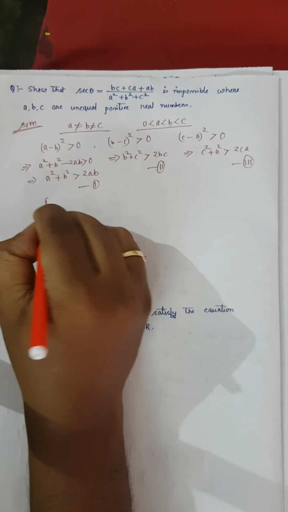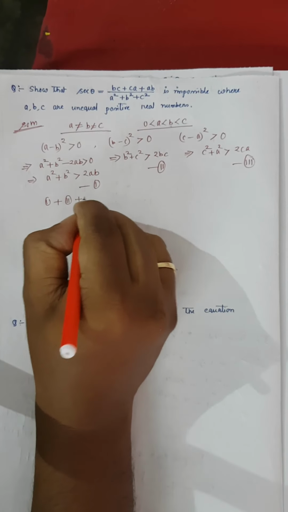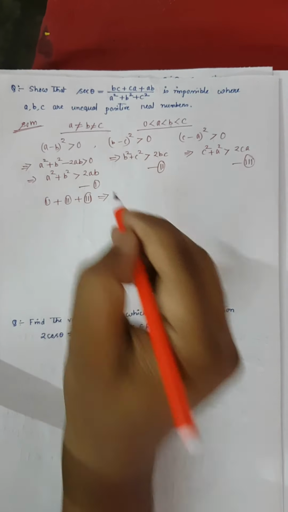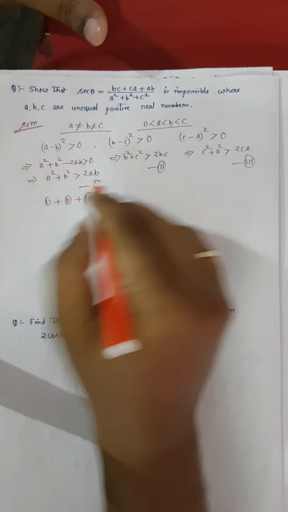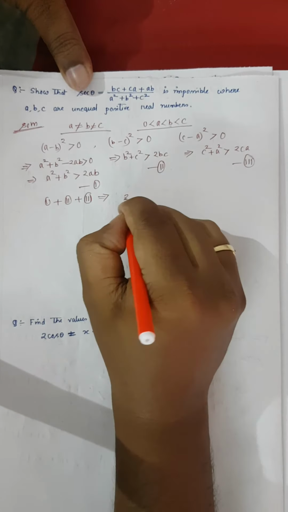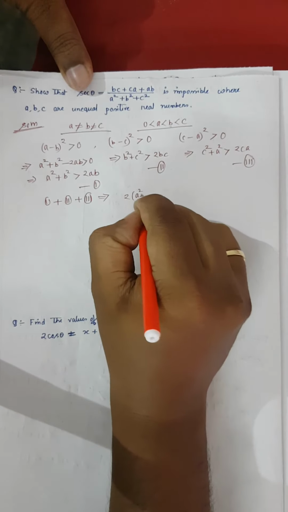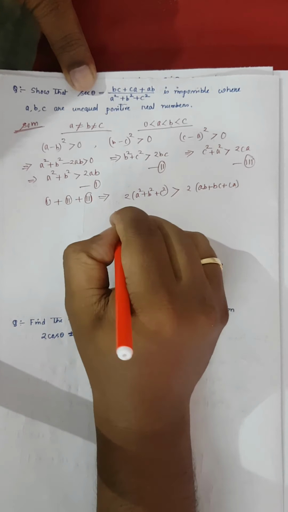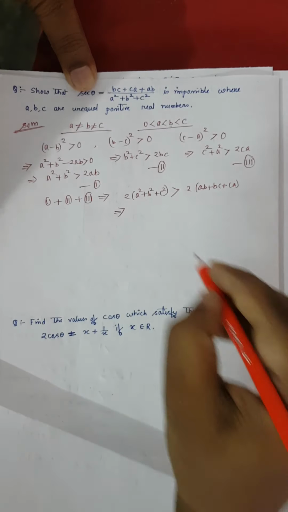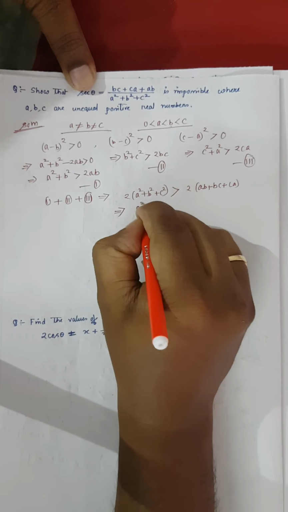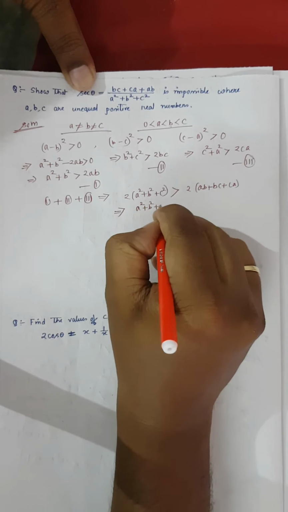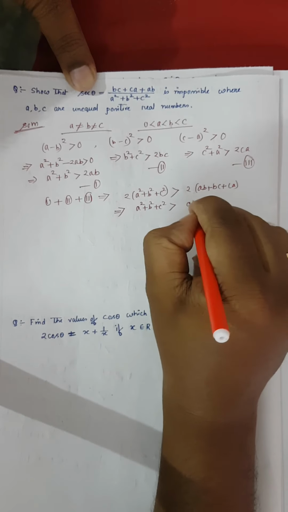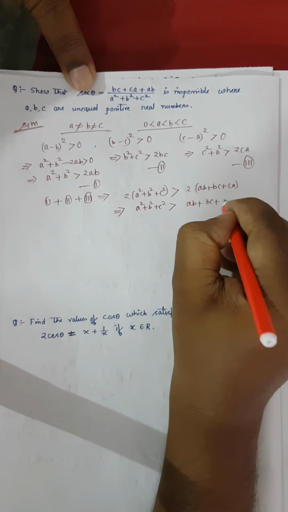So adding 1, 2 and 3, I'll get 2 (A square plus B square plus C square) greater than twice (AB plus BC plus CA). So if I cancel 2 on both sides, I will get A square plus B square plus C square greater than AB plus BC plus CA.